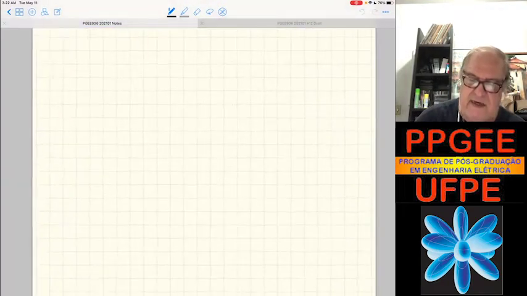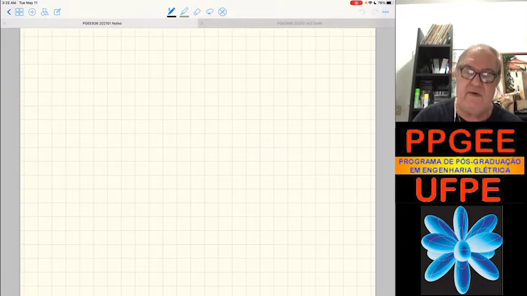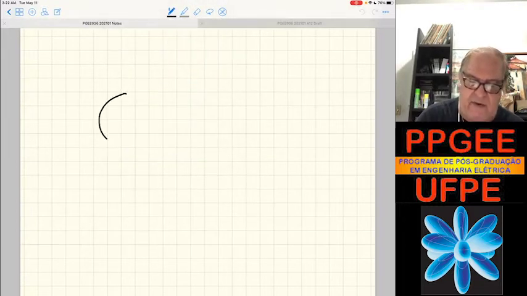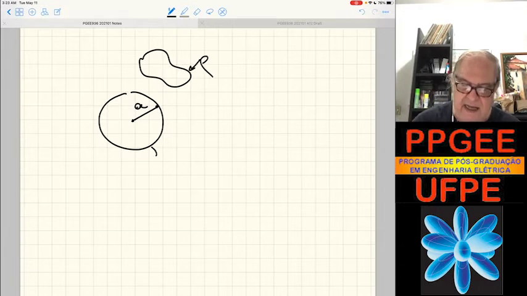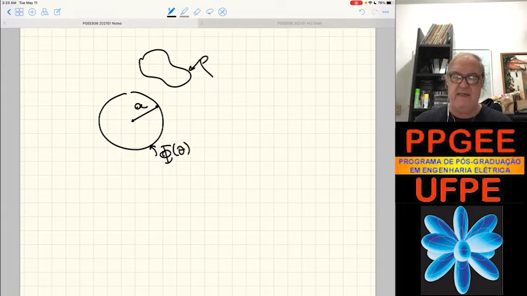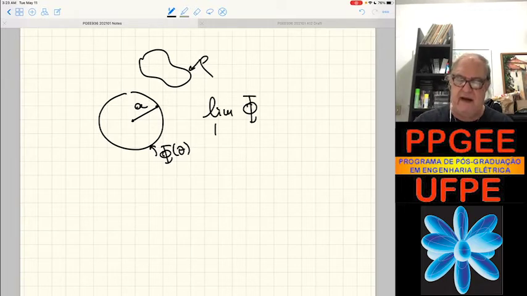The exterior problem, for instance, can be solved for the potential distribution for any charge density outside, with the potential as a function of theta given on the surface, given that the potential for r going to infinity equals 0. So this is a Dirichlet boundary value problem.